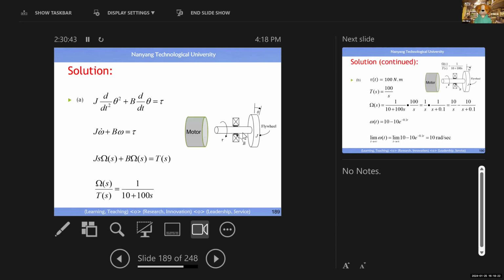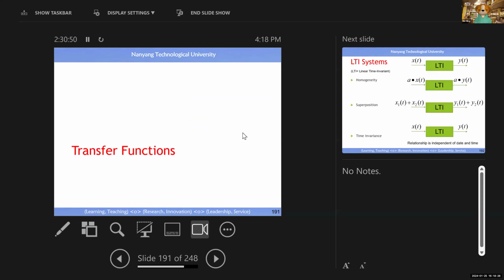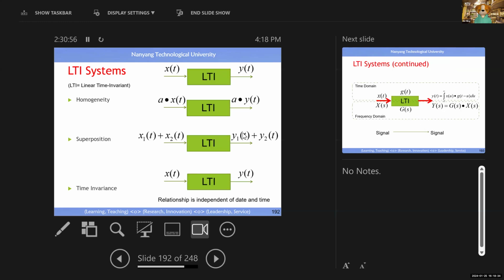Transfer function means a relationship function between input and output, which is just equal to the ratio between output Laplace transform and the input Laplace transform. Okay, and then you need to know that for every system you have an input and output. This is another concept about the ideal dynamic system, right?